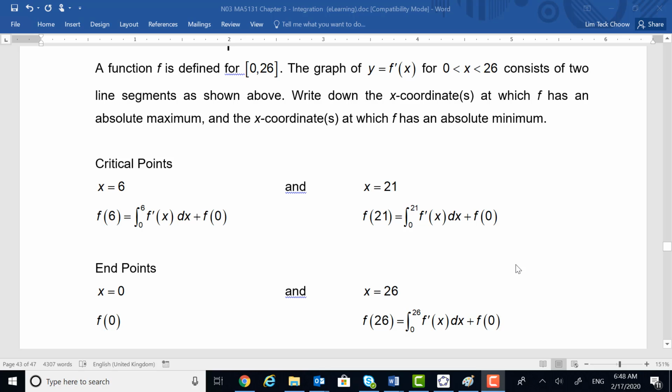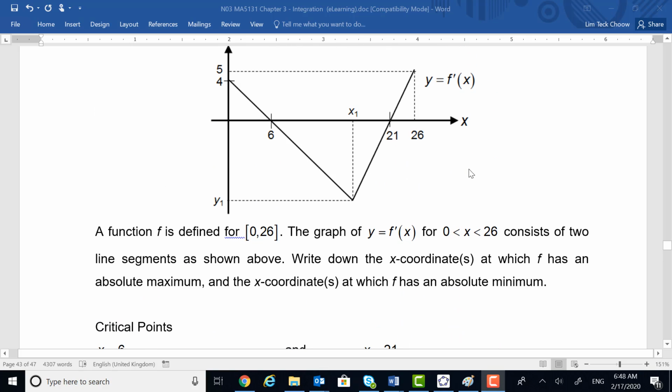Which value do you think is the biggest? If you look at the graph, if you integrate from 0 to 6, you get some positive value. If you integrate from 6 to 21, you get a big negative value. And then from 21 to 26, you get some positive value.